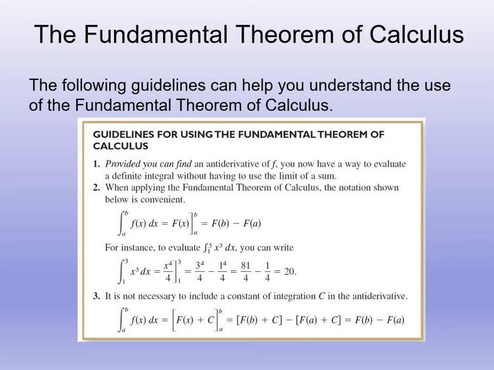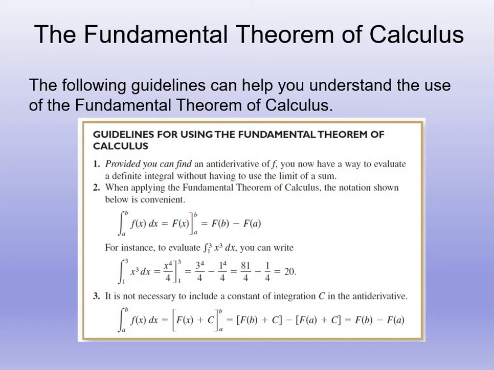Make sure that you keep with your notation when you do the fundamental theorem of calculus. Write out your integral and then take the antiderivative, and notice that we have the half of a bracket showing right there. That's showing that we are evaluating the antiderivative of b minus a, or F of b minus F of a, where a is our lower limit, b is our upper limit, and we always do upper limit minus lower limit when we're evaluating the antiderivative.